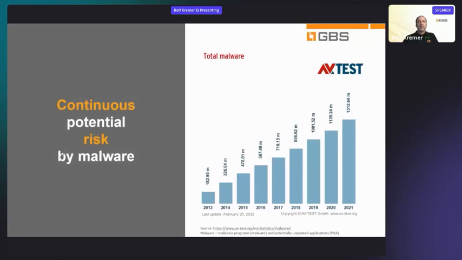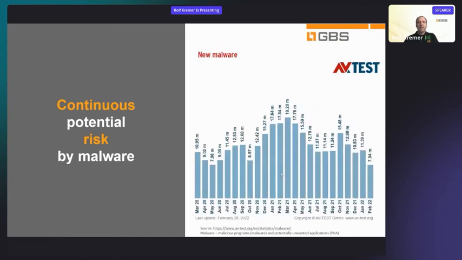On this slide, I have added a current study by the AV Test Institute. And in this study, we can see that there is a continuous increase in malware over the past few years. On the next slide, you can also see the monthly comparison.